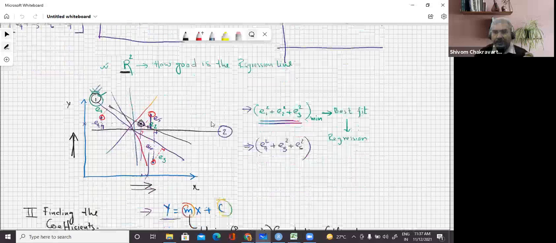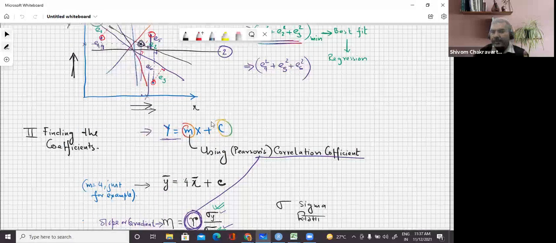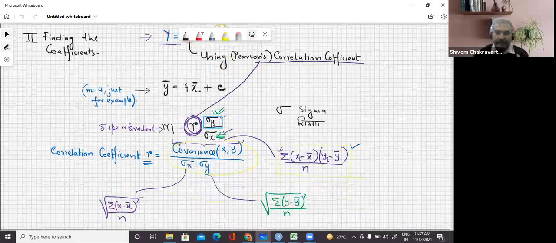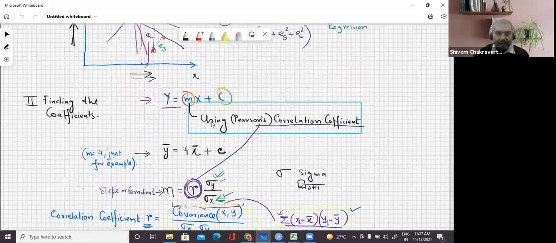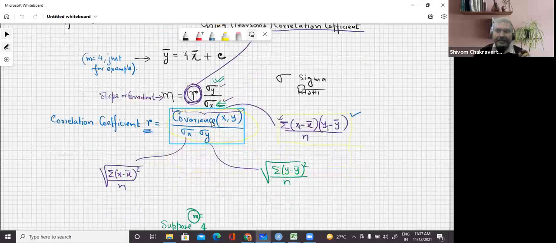And we discussed what is meant by best fit, and how to find the equation of the line of best fit, that is the regression line, by finding the slope and y-intercept. Many times we have discussed what is slope, what is y-intercept. Yesterday, I also mentioned slope is also called gradient, in some books. Gradient sounds more familiar. So gradient or slope. Okay.